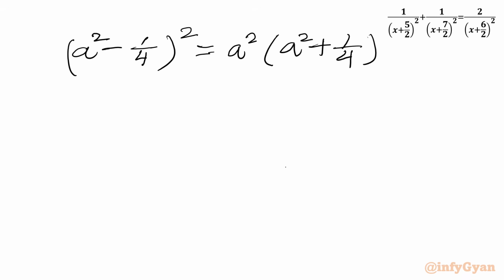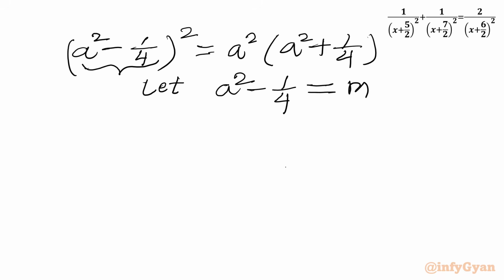Now we will use second substitution. Let us say this bracket only, a square minus 1 over 4, is equal to m. So we'll write here a square will become m plus 1 over 4.